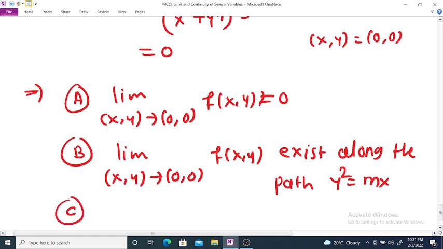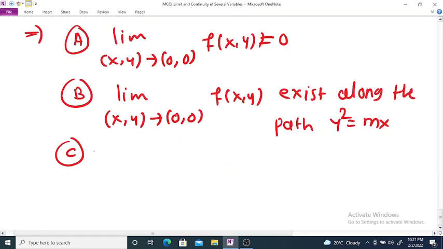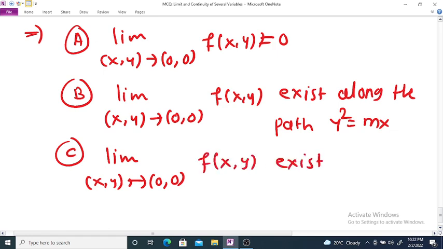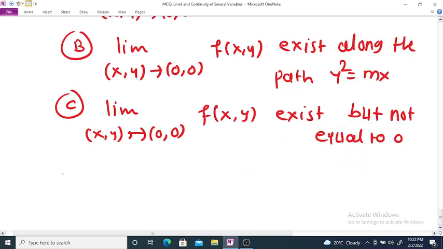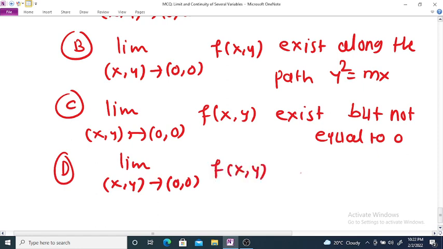Number C, the limit x y tends to 0 0 of f of x y exists but is not equal to 0, and number D, limit x y tends to 0 0 of f of x y does not exist.